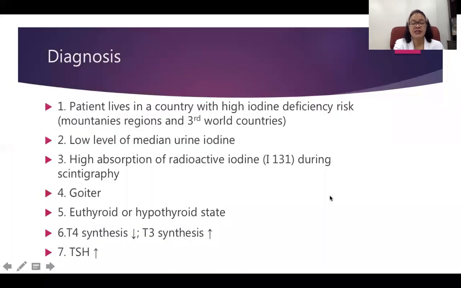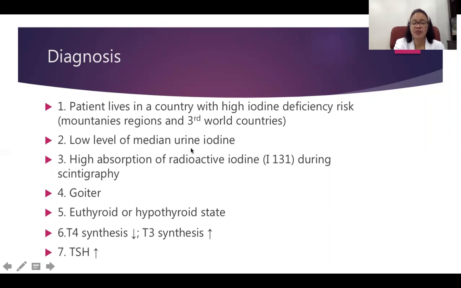So for diagnosis, of course, you are dealing with patients who live in a country with high iodine deficiency. I mentioned already Mongolia. There are decreased iodine levels there because they are located in the mountainous region.